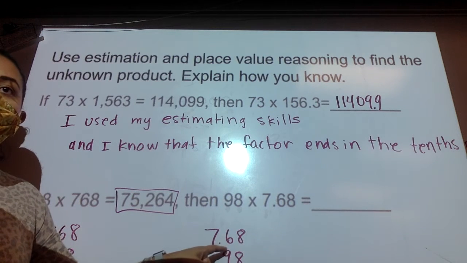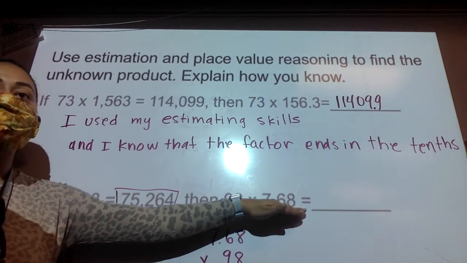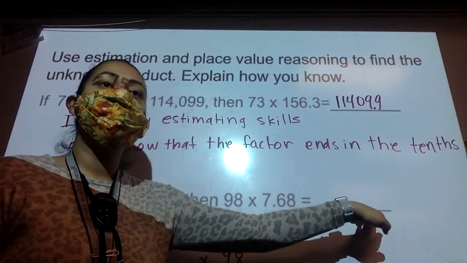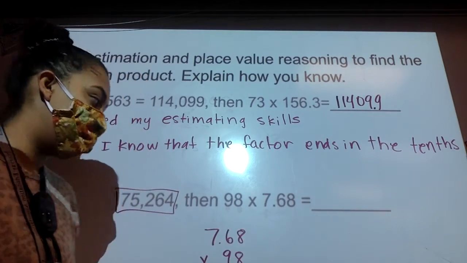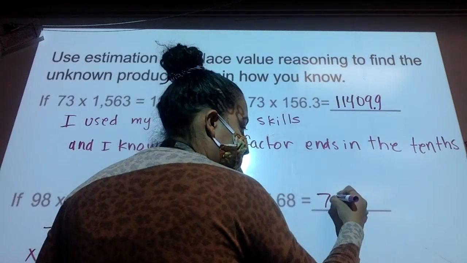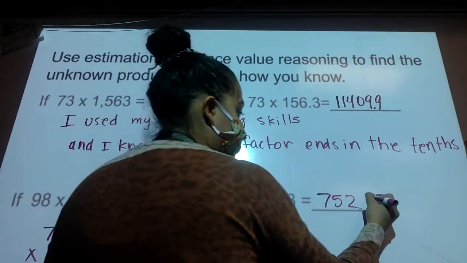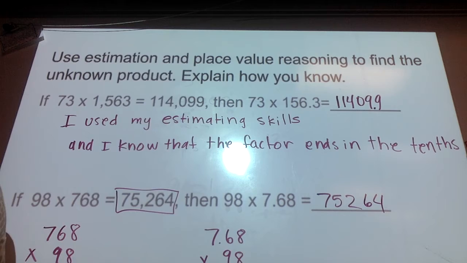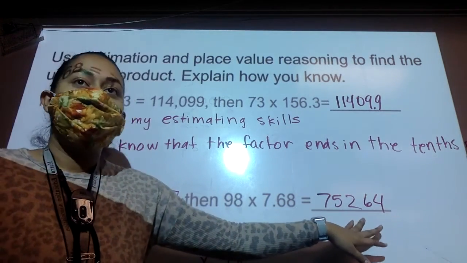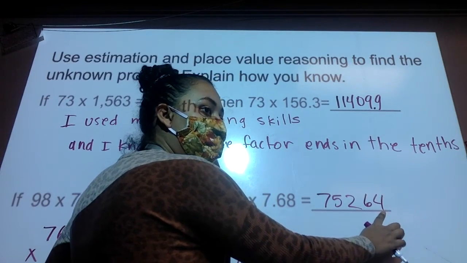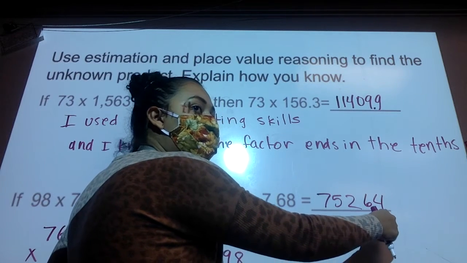What place value does it end in? 7 and 68 what? Hundredths. So that means your answer will be in the hundredths. So copy this product here. 75264. Write it down. So then the last digit, all the way to the right, needs to end in what place value?